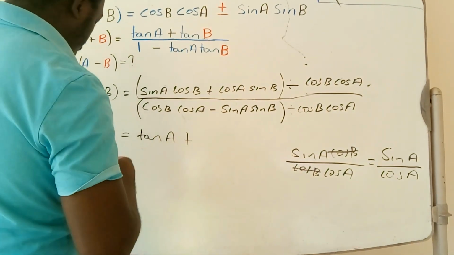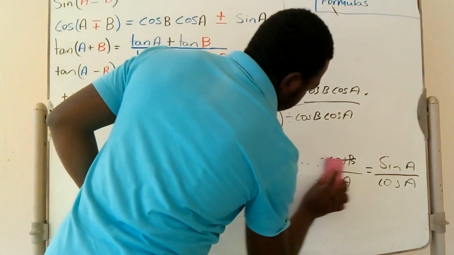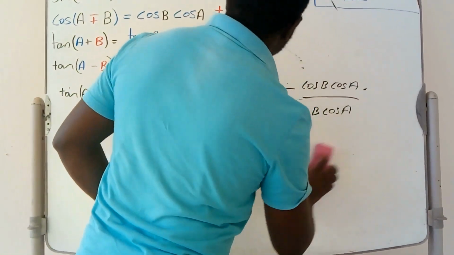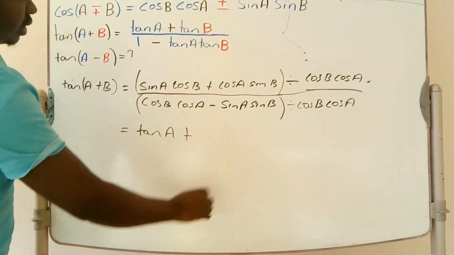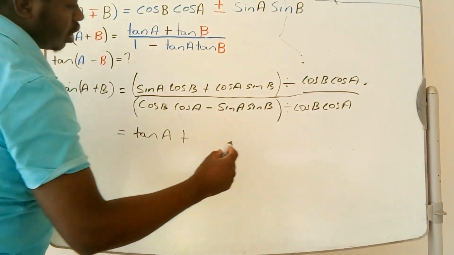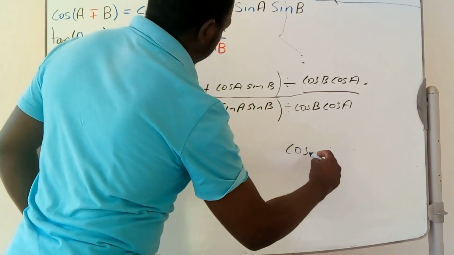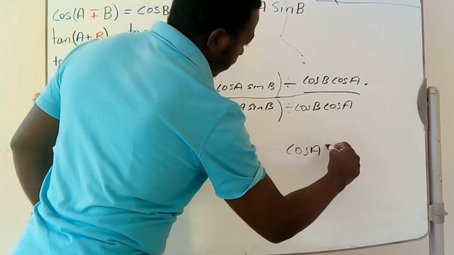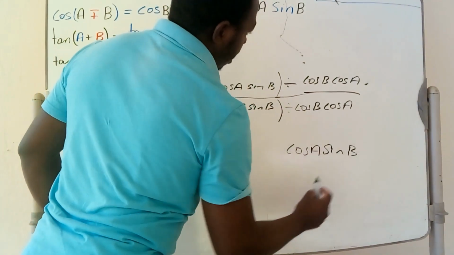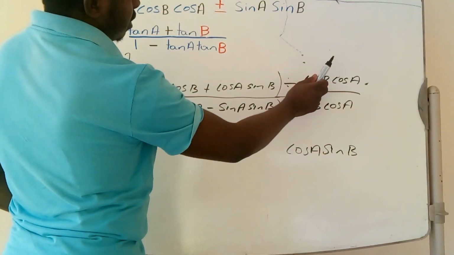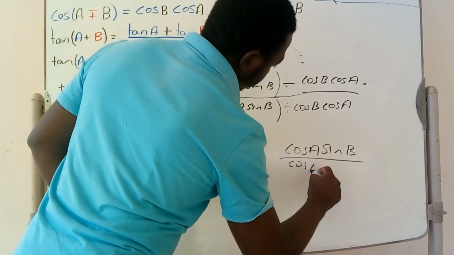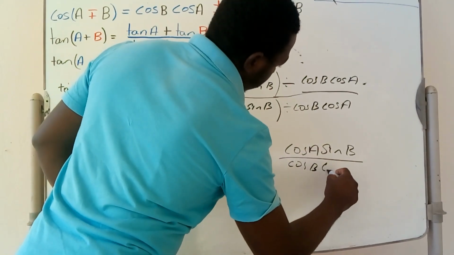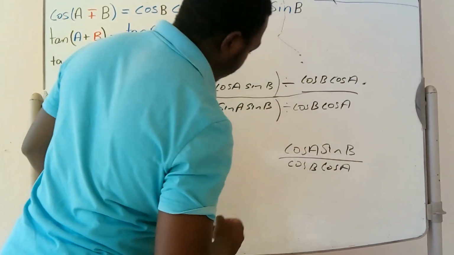Plus, now, I'm finished with this. I need to take the second term in the numerator here, which is cos of A sine of B, and I'm going to divide that by cos of B cos of A, right?